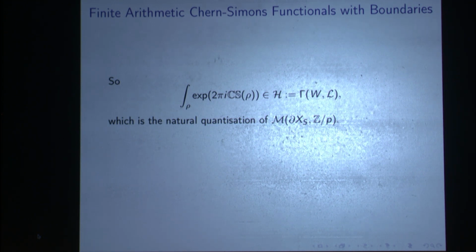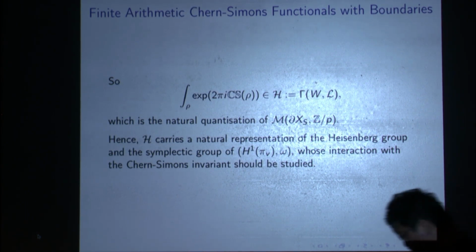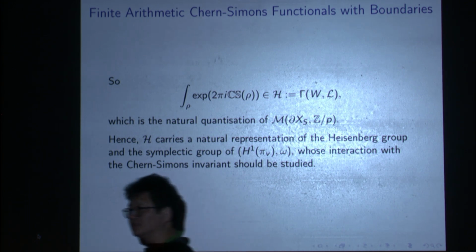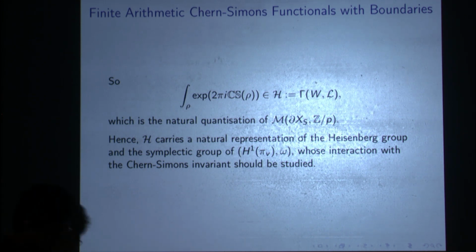I haven't done much with this yet, but it's interesting because on this symplectic vector space there is a natural action of the Heisenberg group and metaplectic representations over a finite field, which applies the same way it works over C. So it's interesting to investigate the interaction with this Chern-Simons invariant, which I haven't done right now. There are other things you can do.